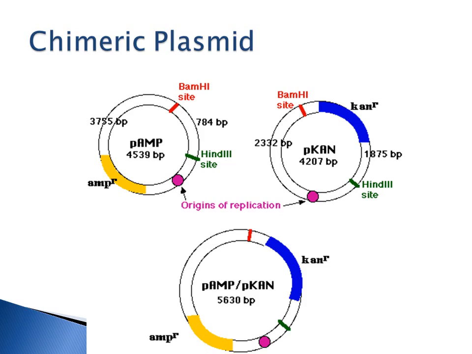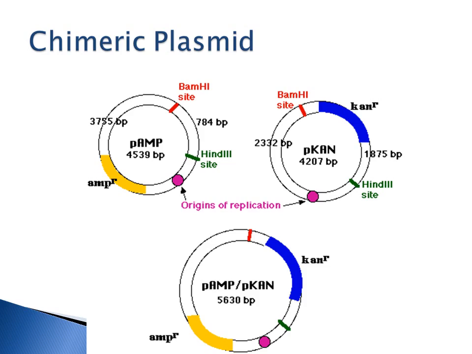Now, you would have to use both the BamHI and the HindIII site because you need to remove that entire kanamycin resistance gene and put it into your other plasmid. So that is why those two restriction enzymes were used in this example.